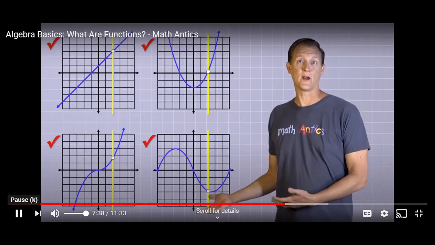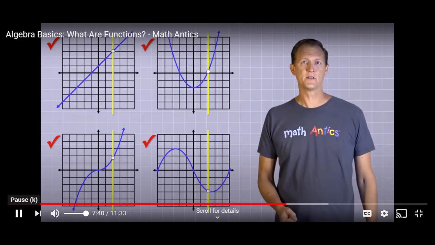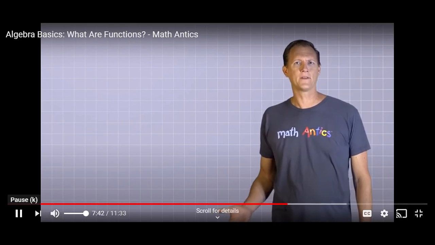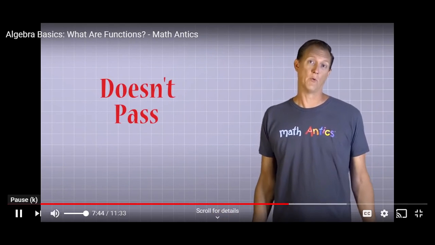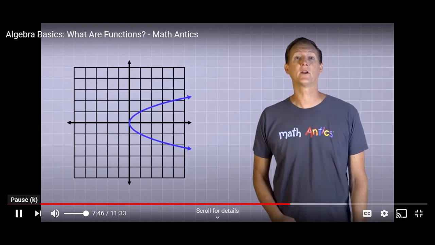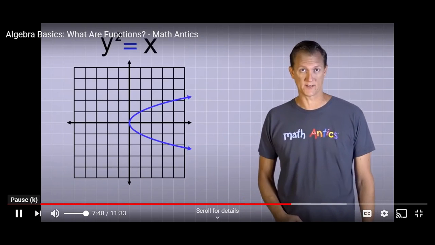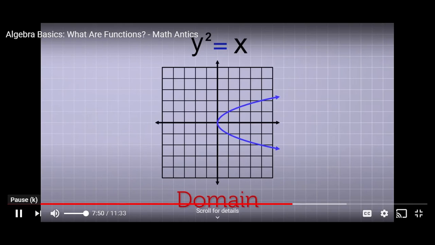Okay, so all of these graphs pass the vertical line test and are functions, but what's an example of a graph that doesn't pass the vertical line test? Well, here's one. It's the graph of our equation y squared equals x. The domain of this equation doesn't include any negative input values, so there's some places where a vertical line wouldn't intersect the graph at all, and that's okay.